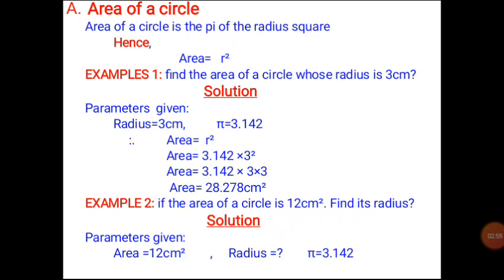Now, example 2. If the area of a circle is 12 centimeters squared, find its radius. Solution. You have to know the parameters we are given. In this question, you are given the area of the circle, which is equal to 12 centimeters squared. Then you are asked to find the radius. We have pi as 3.142.